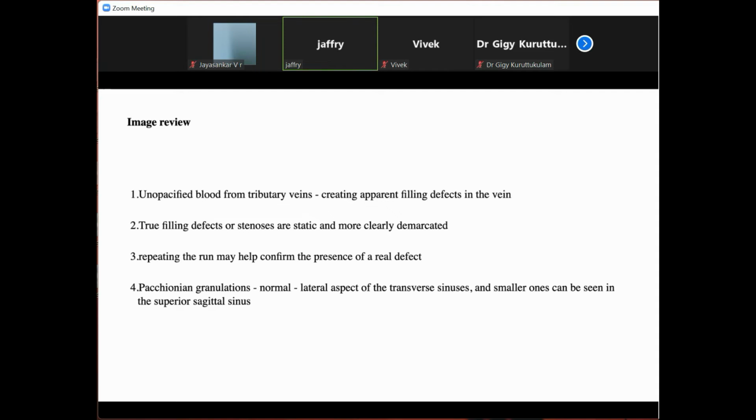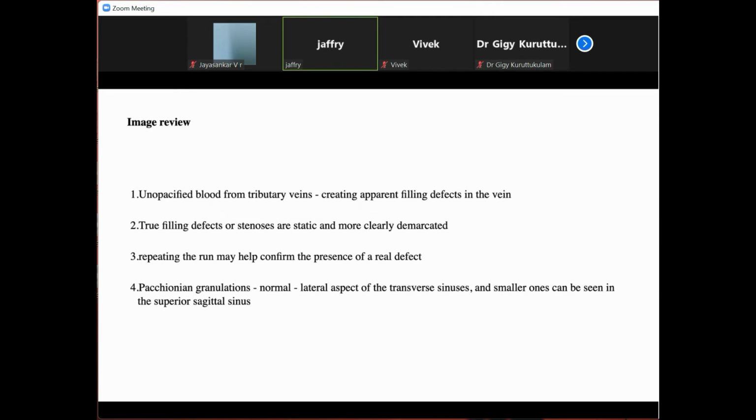The important points in reviewing images, where sometimes we may consider something as abnormal, as pitfalls: the unopacified blood from the tributary veins, because when we inject the contrast, sometimes the blood in the tributaries may come into the sinus, and it creates a filling defect kind of appearance in the system. That has to be taken care of while interpreting the image. And the true filling defects or stenosis are static.